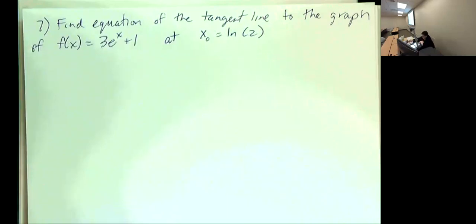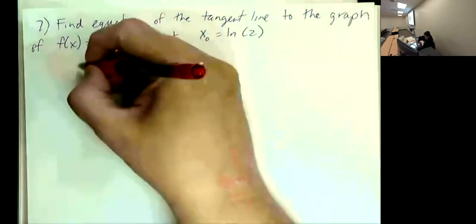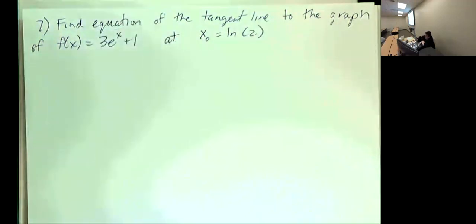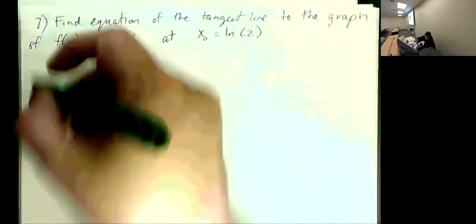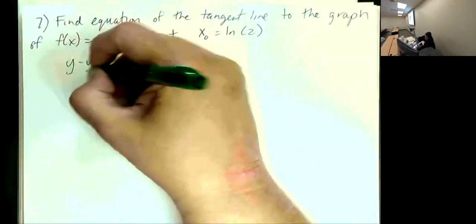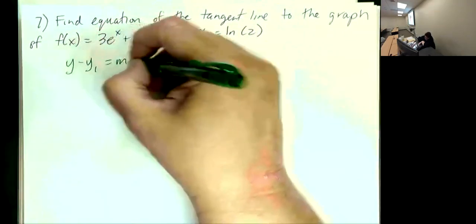All right. Equation of a line. I think the easiest one to use is y minus y1 equals m times x minus x1.